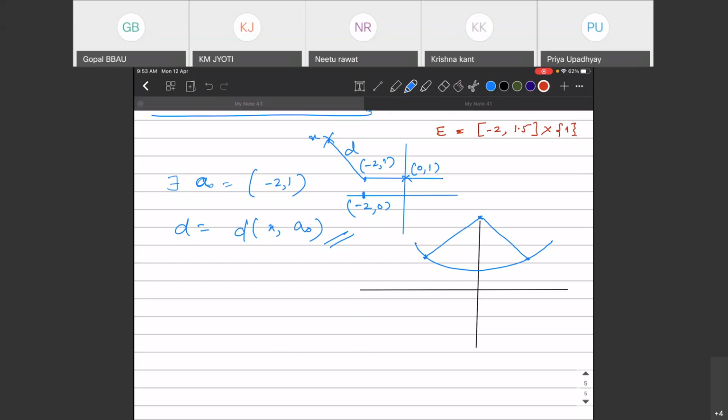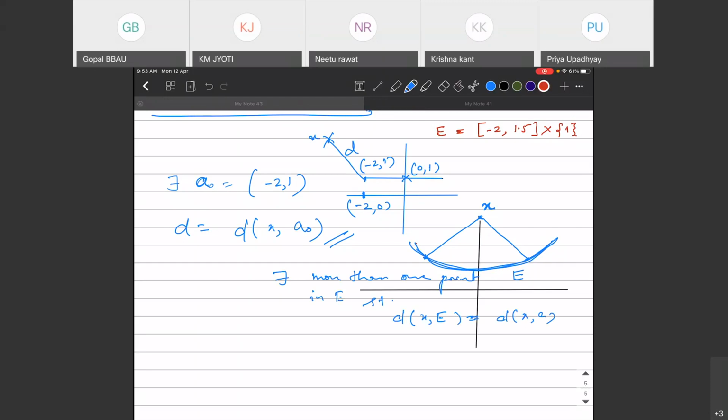So for this set, suppose this circular arc is the set E and the center is the point X, then there exist more than one point in E such that d(X, E) equals d(X, A).